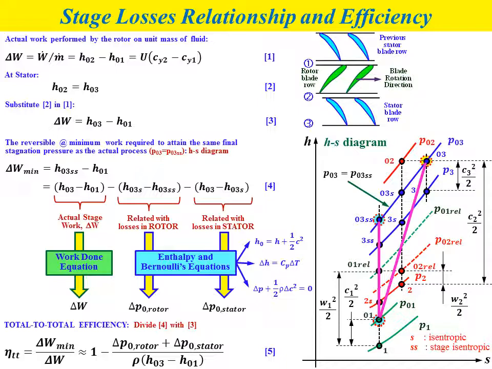So the total to total efficiency for the compressor stage equals delta W minimum divided by delta W, which is referred to as the actual work, equal to 1 minus delta P naught for the rotor plus delta P naught for the stator divided by H03 minus H01, represented by equation number 5. By using equation number 5, we can determine the efficiency of the compressor stage.